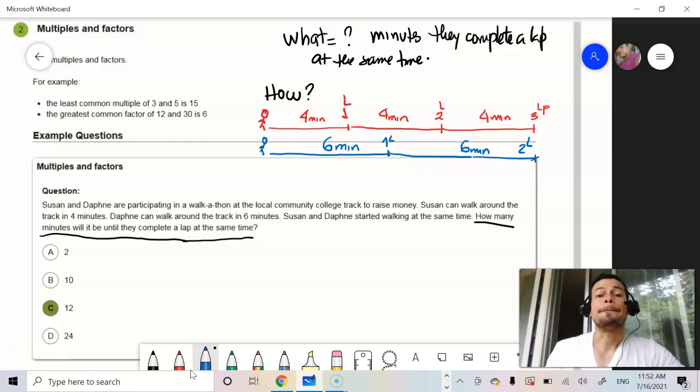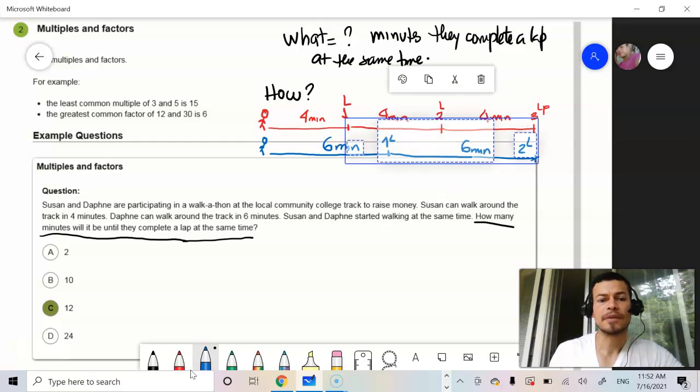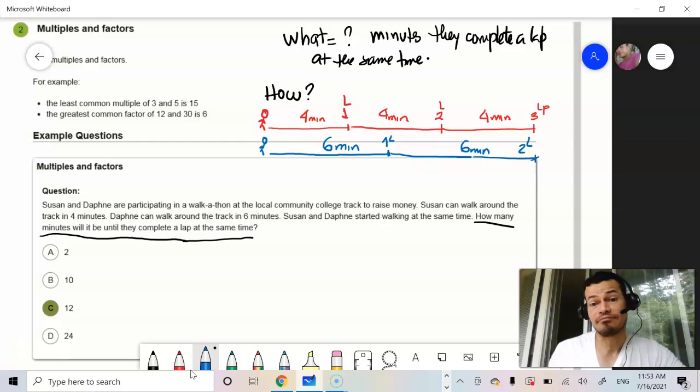Okay, so now we can answer the question with this drawing here. So we know that they will take 12 minutes to complete a lap at the same time. Okay, so let's do it now with the factors of the numbers.